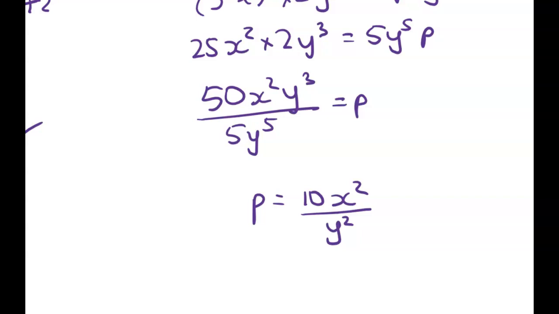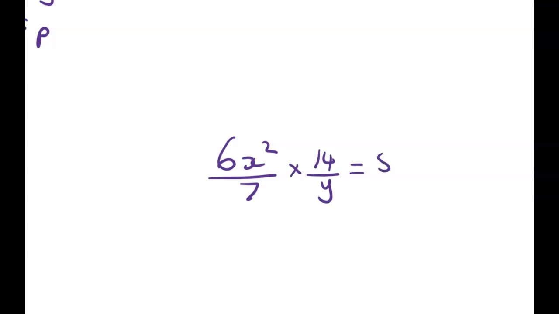I have got time actually to do the last couple, doing it that way. So 6x squared over 7 times 14 over y is equal to 5p y to the 5.